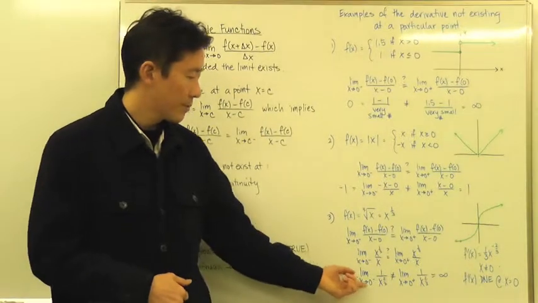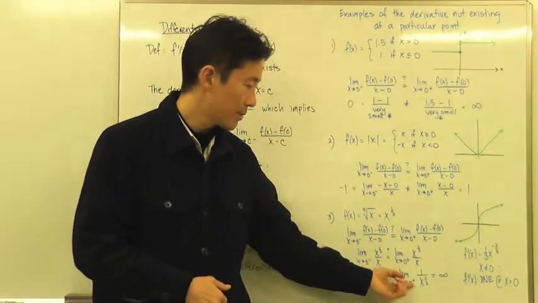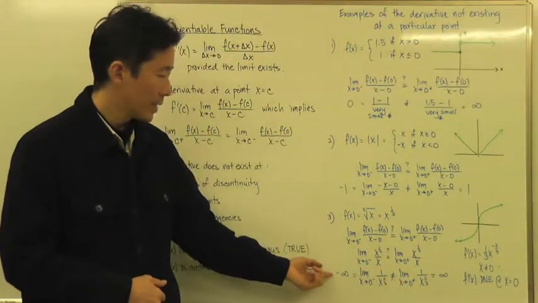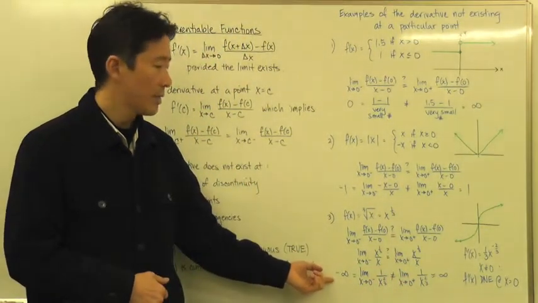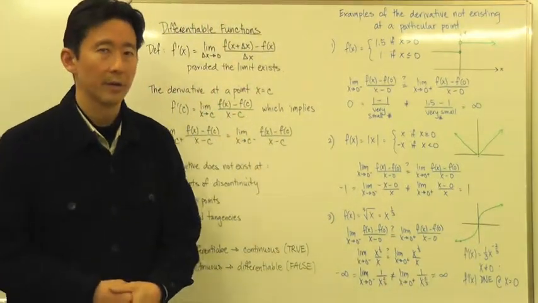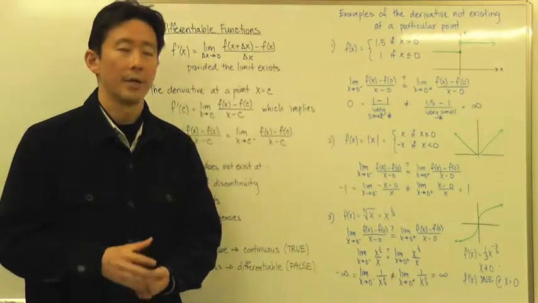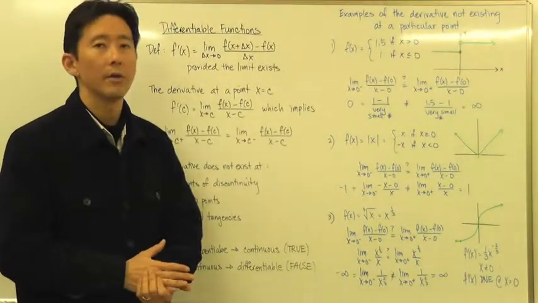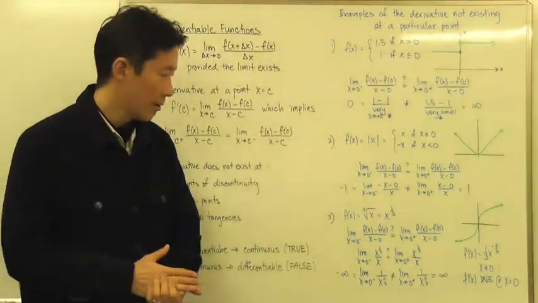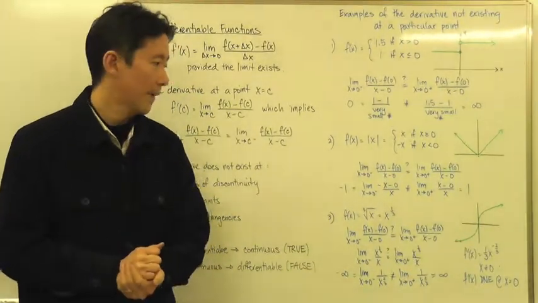As I'm approaching from the left of 0, and as I'm approaching from the right of 0, from the left I'm going to come up with a negative infinity value, and from the right I'm going to come up with a positive infinity value. So of course those two are not equal, and therefore you do not have a gradient value at x equals 0 for this particular function f of x equals x to the 1/3.